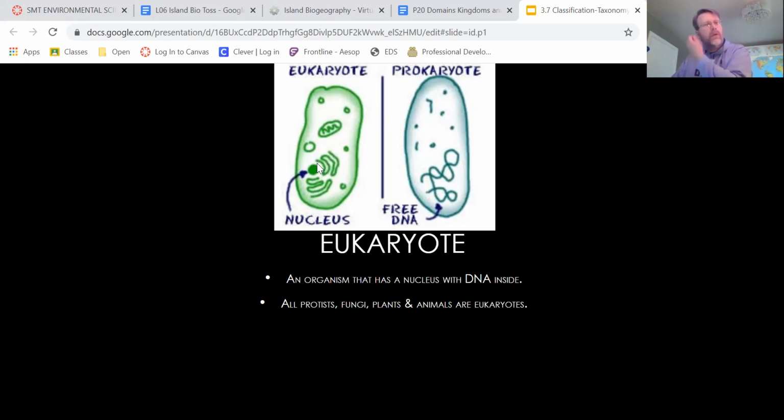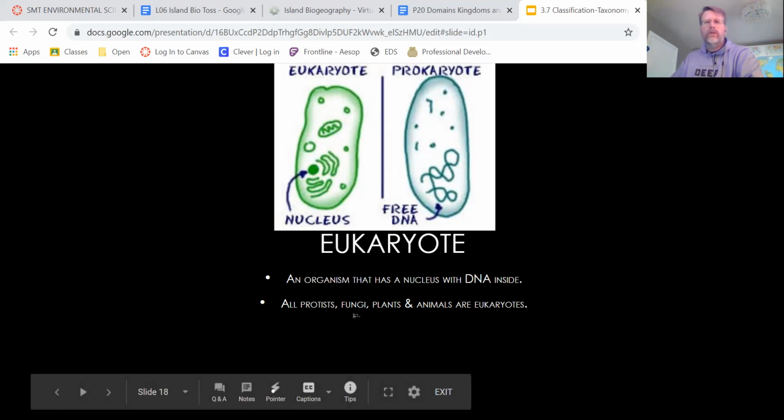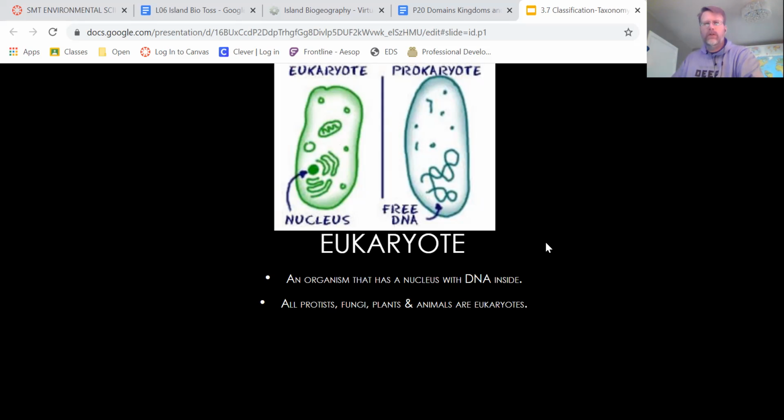Eukaryotes try to insulate themselves from change, literally, with this membrane around the nucleus. Eukaryotes are going to be all the sorts of things we're used to seeing. Maybe protists, but also fungus, plants, and animals all fall within this eukaryotic structure. So that's the very top breakdown of domains.